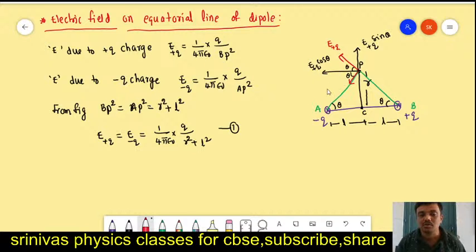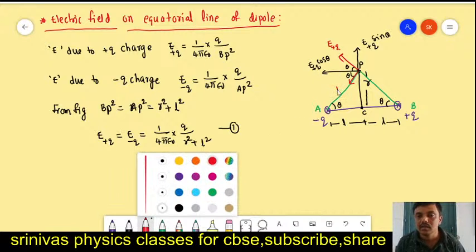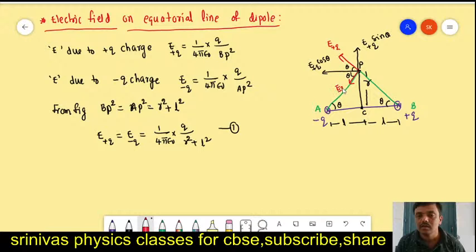Then for that purpose, what you have to do? Here E minus Q cos theta you will get, E suffix minus Q cos theta. And this downward, this side E minus Q sin theta you will get, downward.